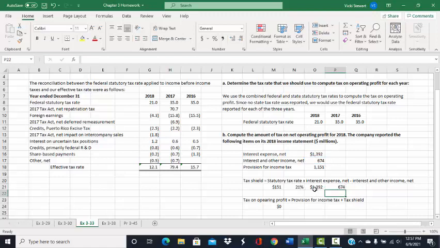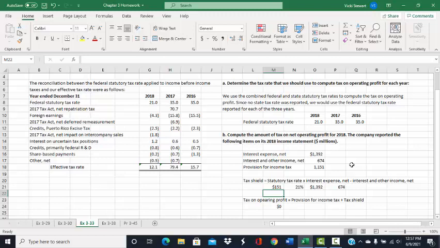So we're going to net these two amounts to get the net amount of expense and multiply that by 21%, and that means that the amount of expense that we had that was non-operating saved us $151 million in income tax.